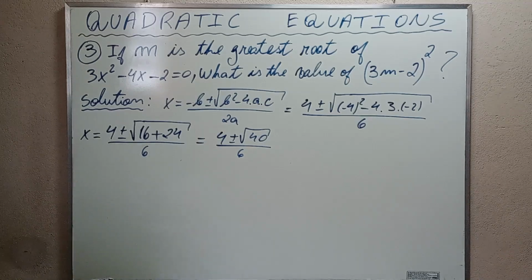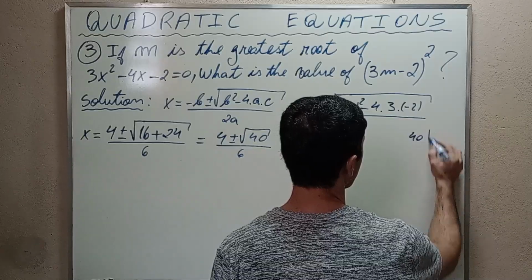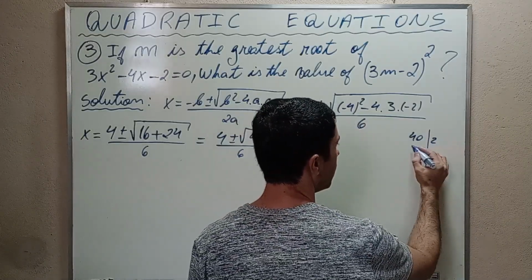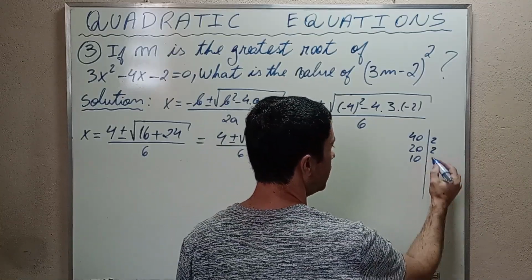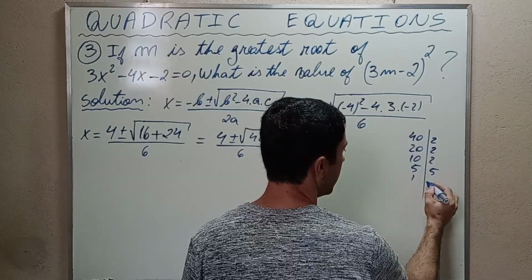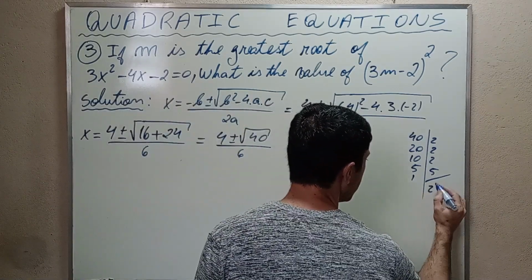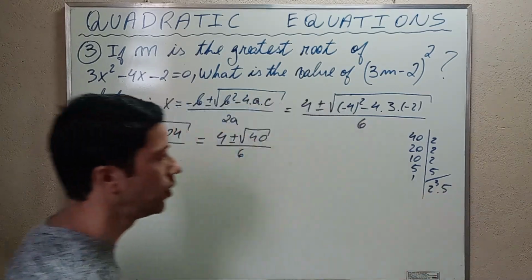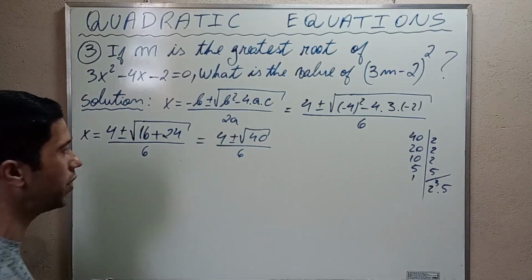We need to find the divisors of 40. 40 divided by 2 is 20. 20 divided by 2 is 10. 10 divided by 2 is 5. 5 divided by 5 is 1. Okay? So 40 can be written as 2 cubed times 5. We are going to use it here, but instead we are going to write it in this way.